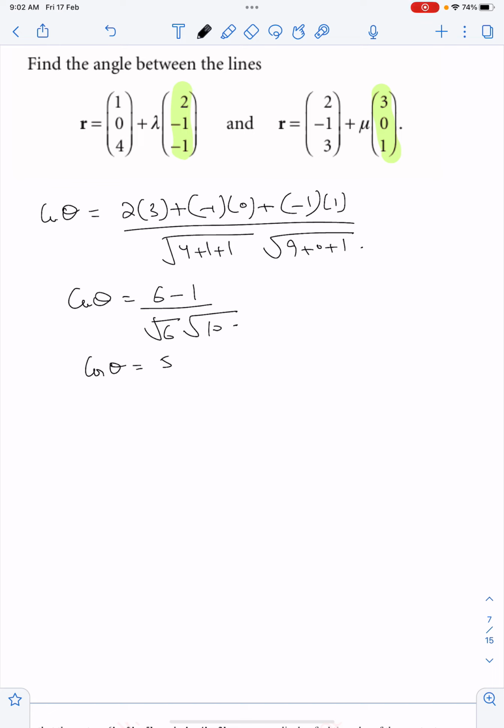Cos of theta equals 5 upon root 6 times root 10, which is 7.75. Okay, so I'm finding theta equals cos inverse of 5 divided by the answer. So theta is going to be 49.79, and we have to get the answer up to one decimal place, so 49.8.